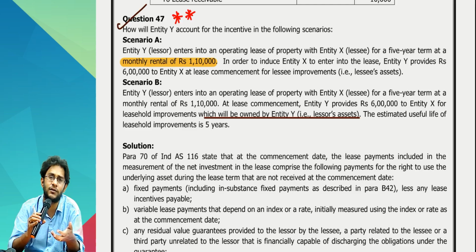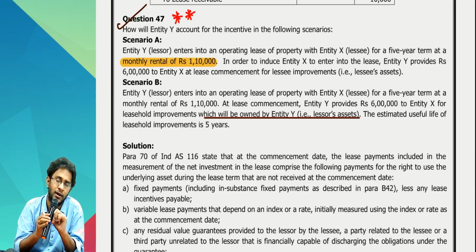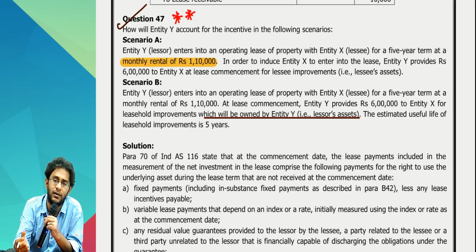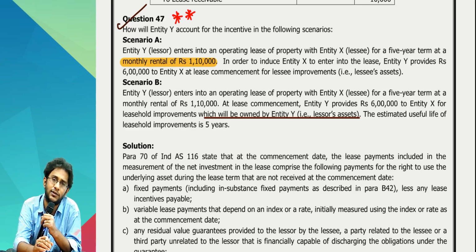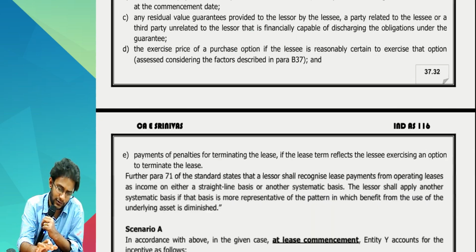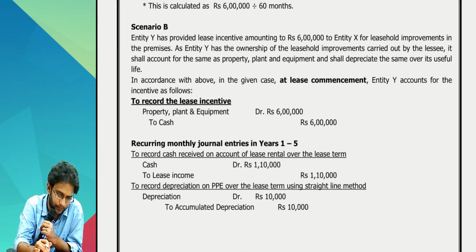Because of that, ultimately a benefit remains with us only. It is resulting into enhancement of an asset that belongs to the lessor himself. So this is not to be treated as a deferred expenditure or a lease incentive. Rather, it must be treated as an addition to your asset. So here your own asset's value is increasing.